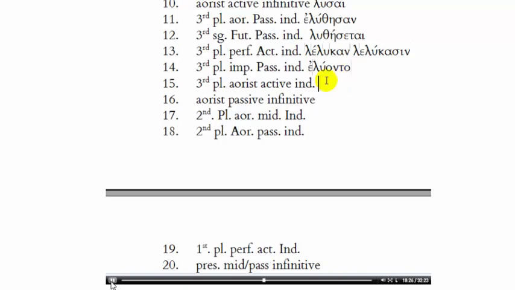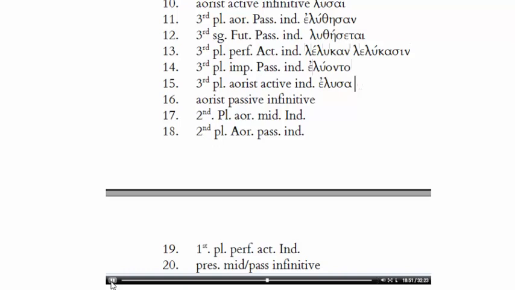Next, number 15, the third plural aorist active indicative. Well, again, the aorist is by far the most common tense, and as you begin to read more and more exercises, you'll see more aorists by default than anything else, just because that's the most common one. If I ever ask you a parsing on an exam, know that if you're not sure about it, guess aorist.